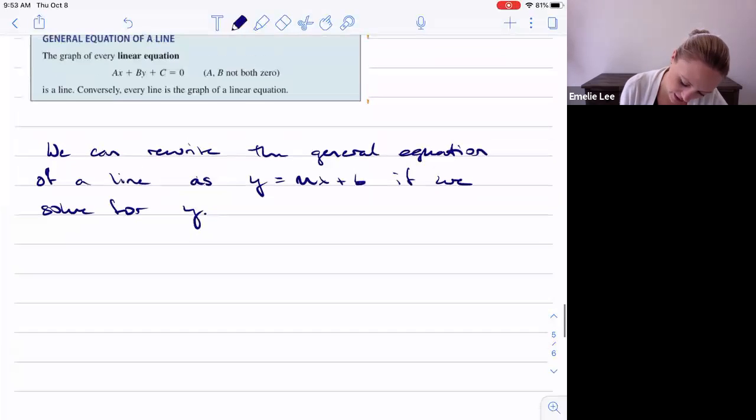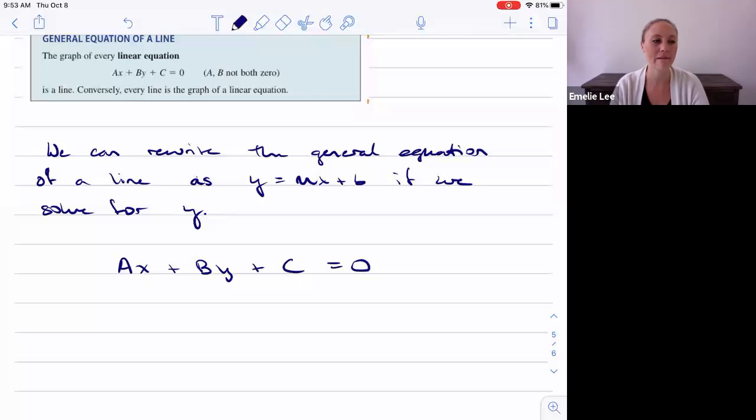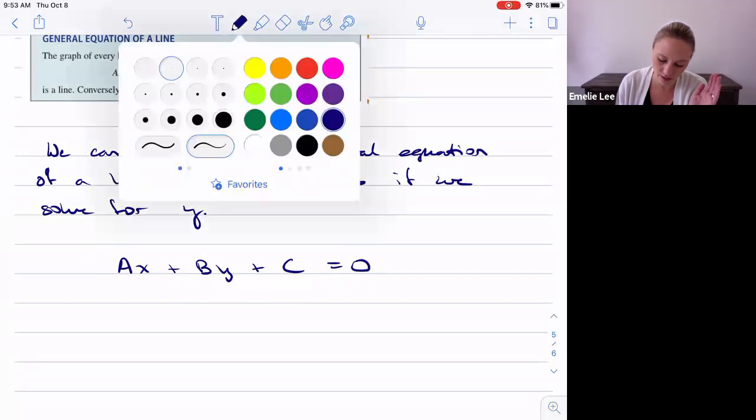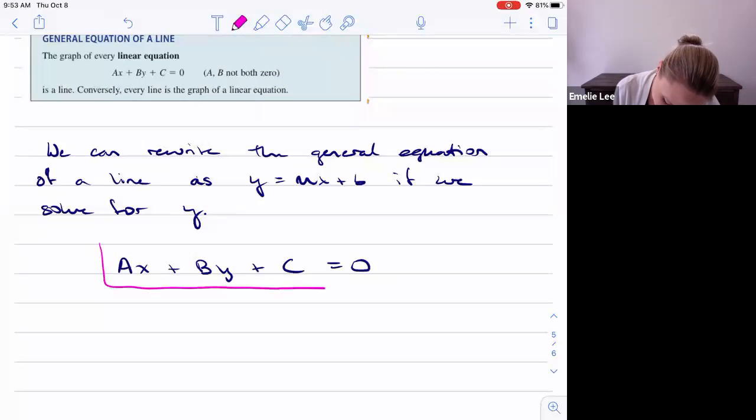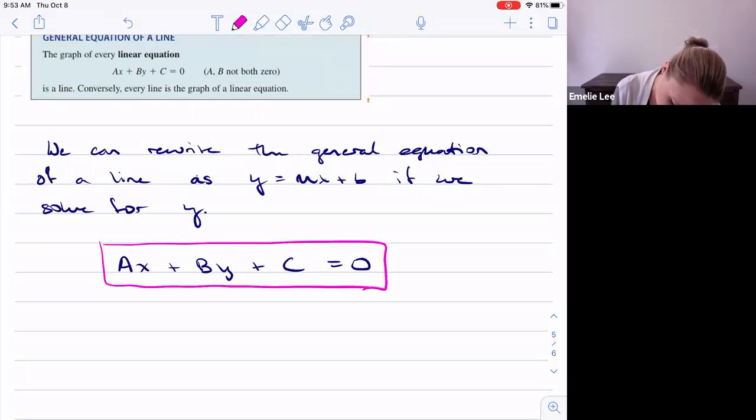So if we solve for y, we have ax plus by plus c equals 0. It's important to recognize, so if you see something like this, this is a straight line. So I'll highlight that. If you see something of this form, it is a straight line.